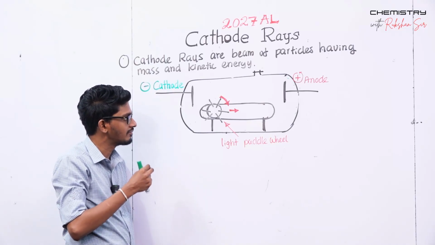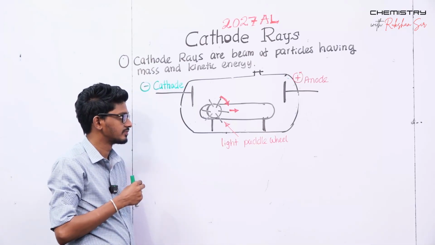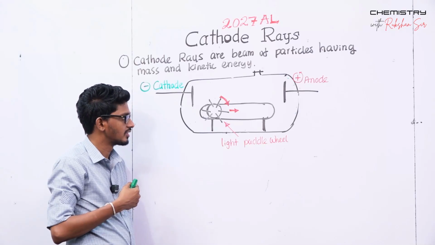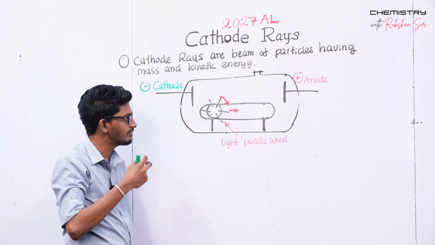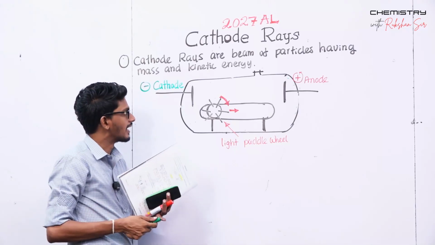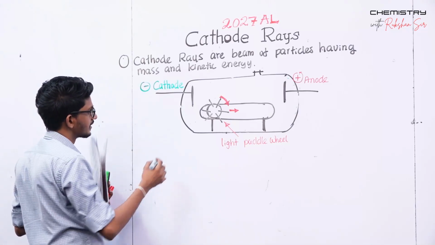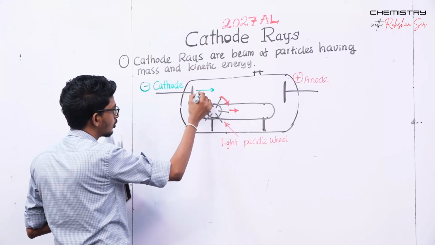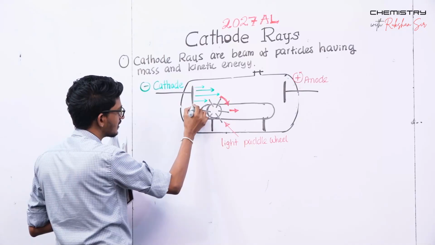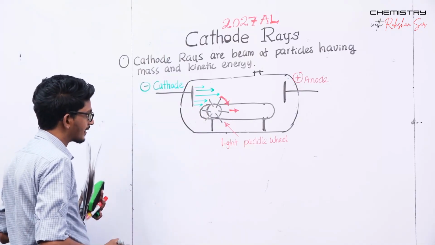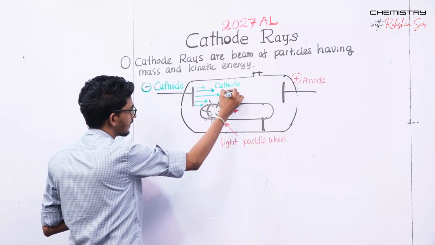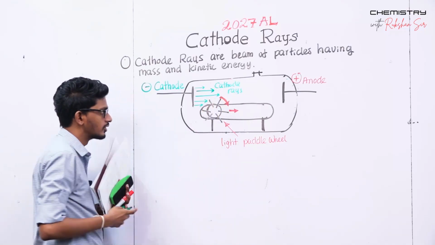How come the paddle wheel gains some kinetic energy? Kinetic energy is the energy involved in movements, right? So the paddle wheel is able to gain that kinetic energy actually from the cathode rays. The kinetic energies of the cathode rays are actually transferred to the paddle wheel.